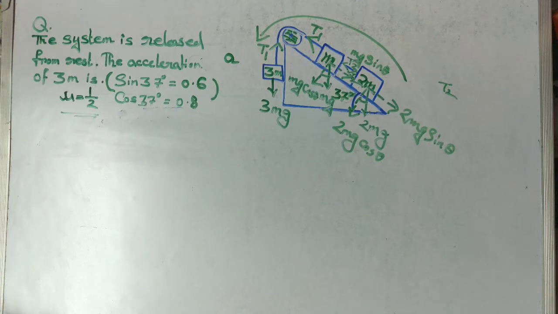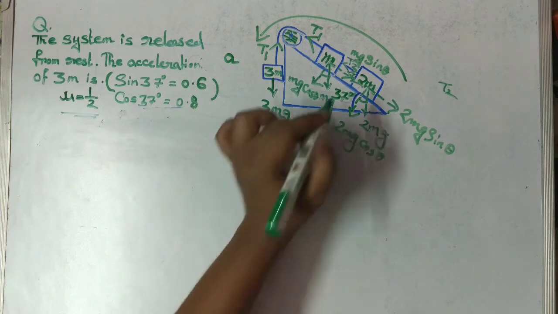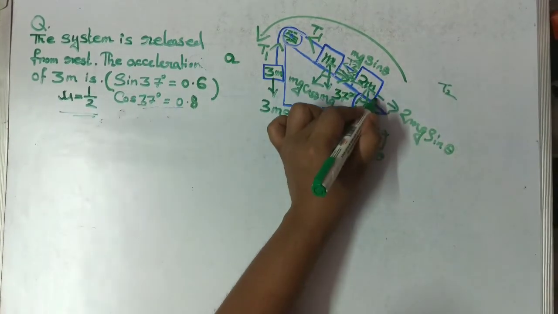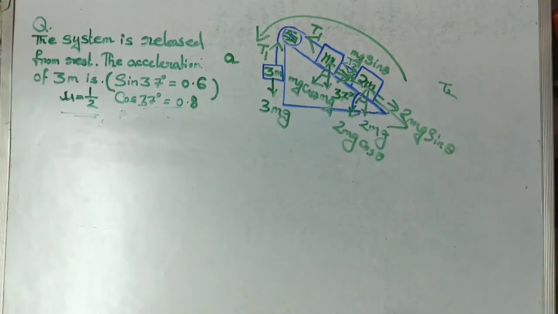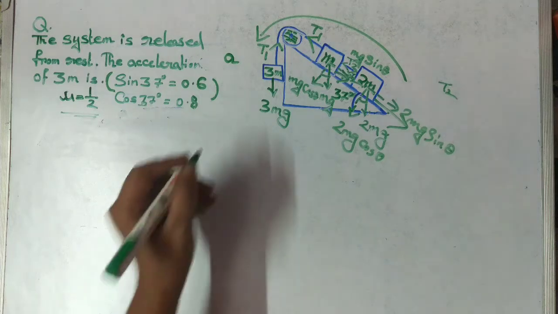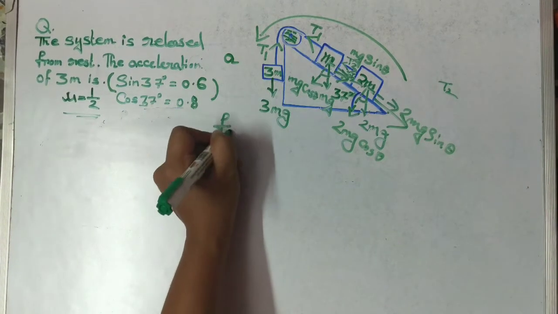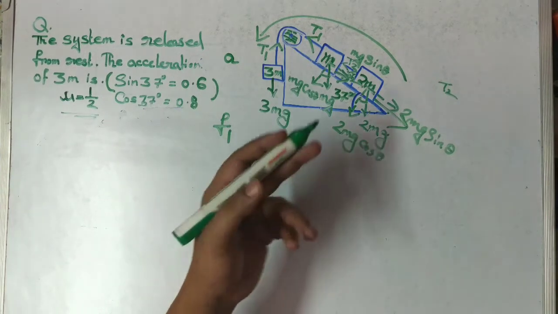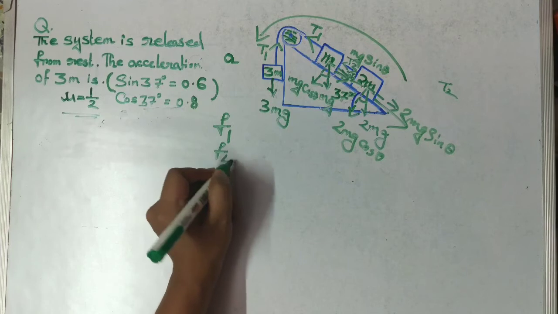This force direction will be opposite to the direction of motion, so the frictional force will be working on this side. I am taking the frictional force for mass m as F1, and the frictional force for mass 2m as F2.